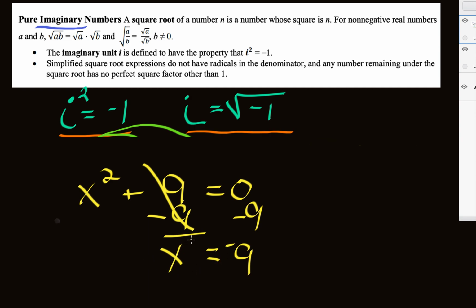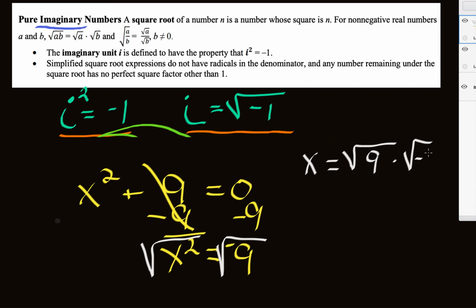And then x squared equals -9. And then we take the square root of that little fella. We take the square root of that fella. Now we have x equals, well, let me break it up just for fun. The square root of 9 and the square root of -1.